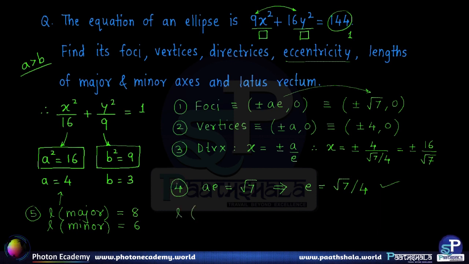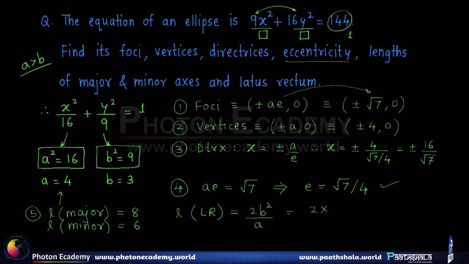And length of latus rectum for the horizontal ellipse is given by 2b square upon a. So that turns out to be 2 into b square, which was 9, upon a, which was 4. So the length turns out to be 9 by 2. So that's how we have found out the required parameters of the given ellipse.